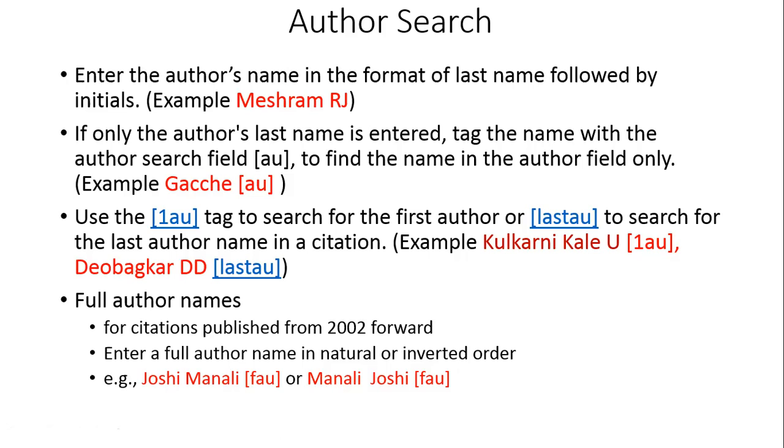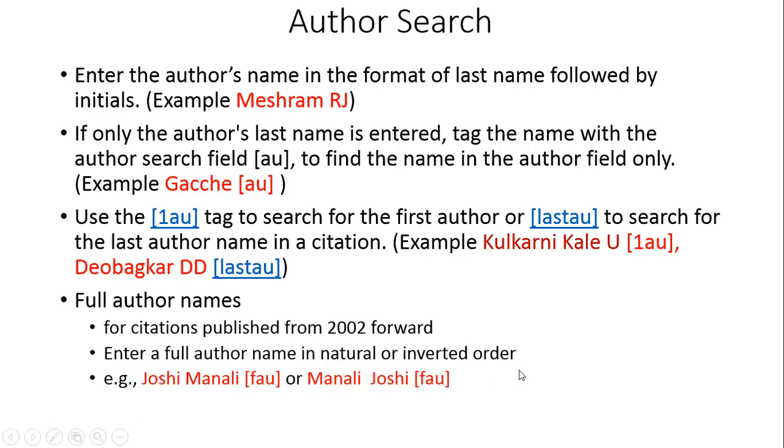FAU stands for full author name. So if you search Manali Joshi with the tag FAU, it tells PubMed to search for the full author name. Alternatively, you can also search as Joshi Manali for the full author name, and you might get similar results.